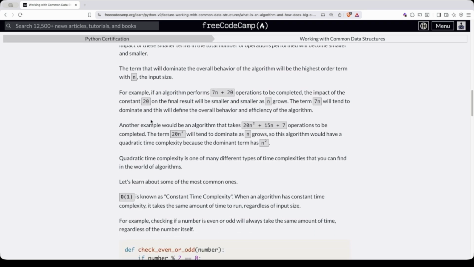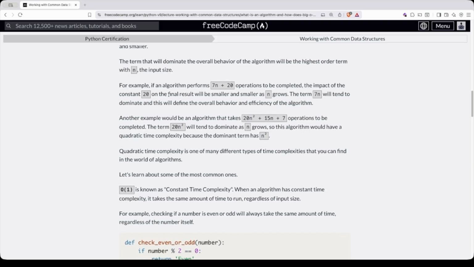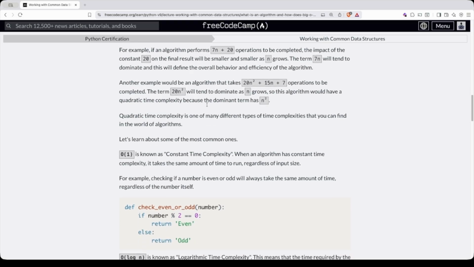The term that will dominate the overall behavior of the algorithm will likely be the highest order term within the input size. For example, if an algorithm performs 7n plus 20 operations to be completed, the impact of the constant 20 on the final result will be much smaller as n grows. The term 7n will tend to dominate, and this will define the overall behavior and efficiency of the algorithm.